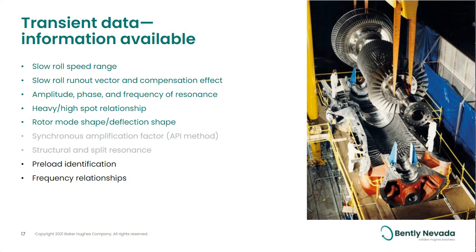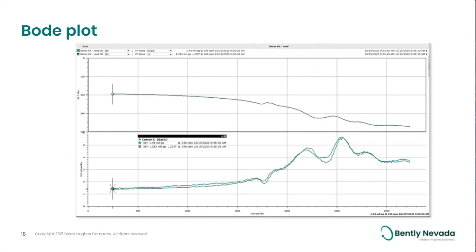So here we have a Bode plot. It's not the same Bode plot we had previously, and you can tell that by A, looking at it, and B, you'll notice that the 1x and the direct do correlate pretty well with one another. But what I want to show you here is that we can find the slow roll speed range and slow roll vector and so forth.